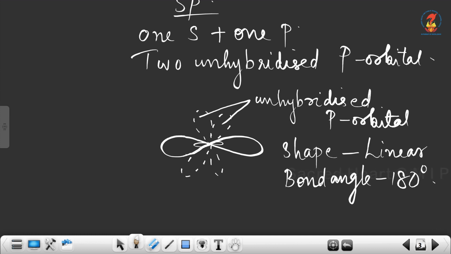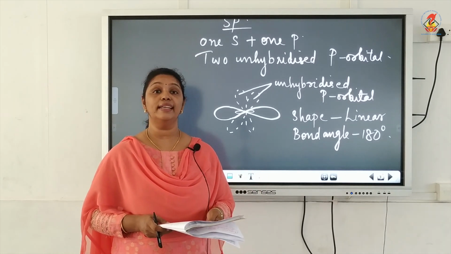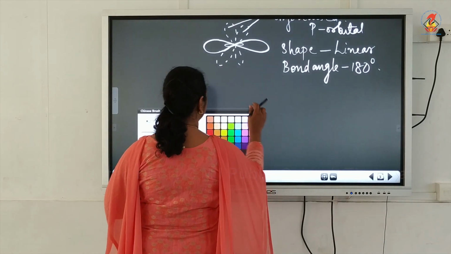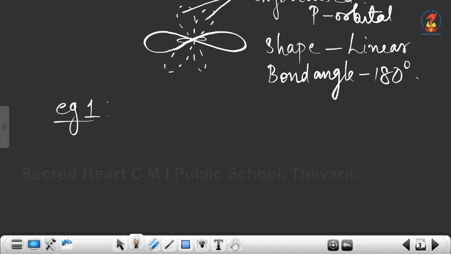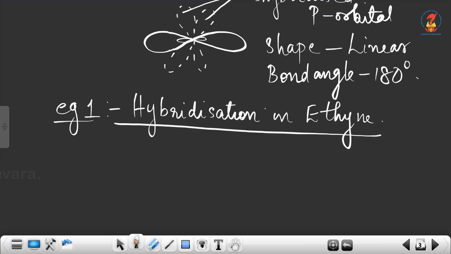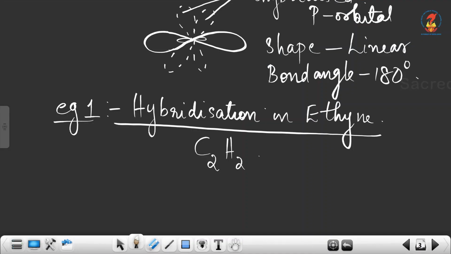Okay. Now let's explain this sp hybridization taking ethyne as example. So example 1 is hybridization in ethyne. Okay, the molecular formula of ethyne is C2H2.